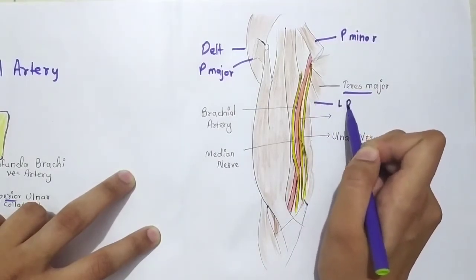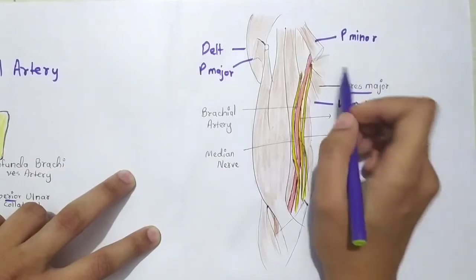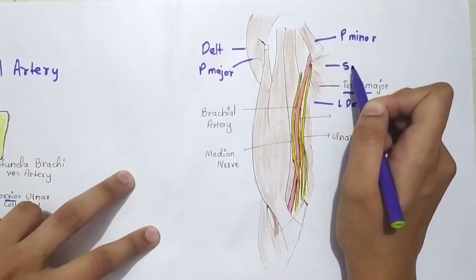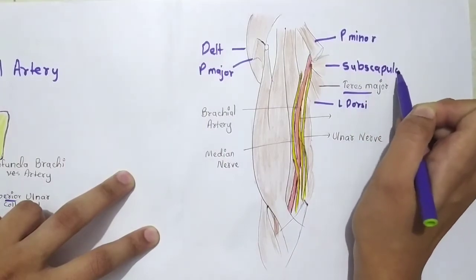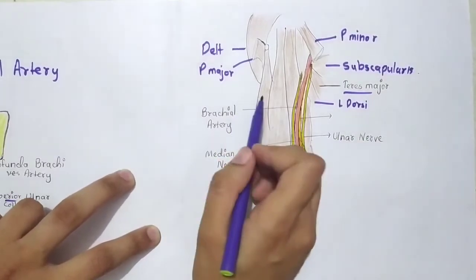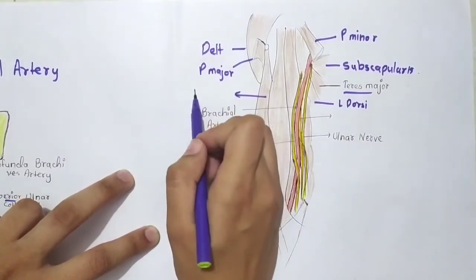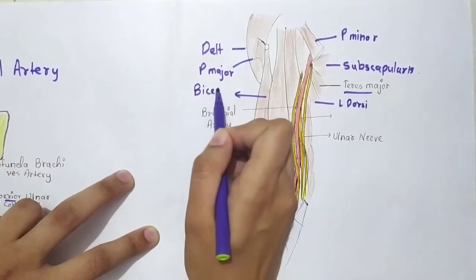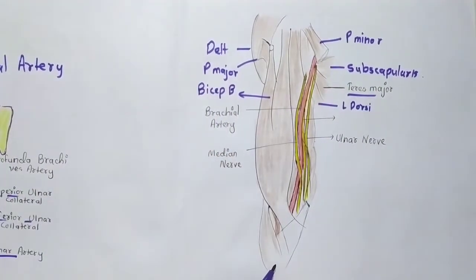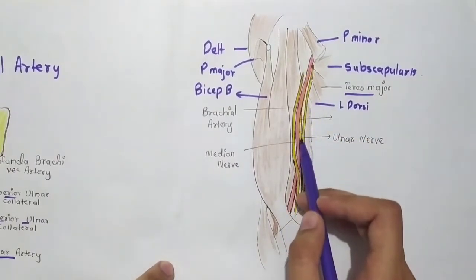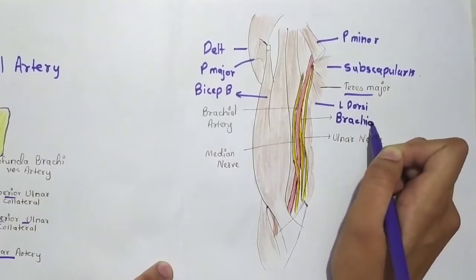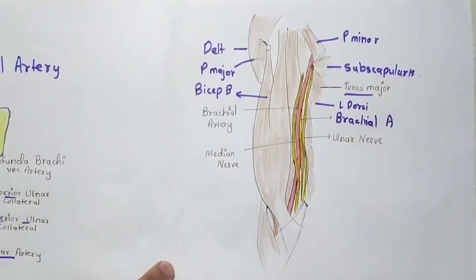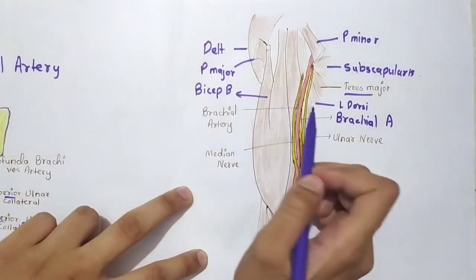This is latissimus dorsi muscle. This is subscapularis muscle. And this is biceps brachii muscle, and this red is the brachial artery. And this one is the coracobrachialis muscle.